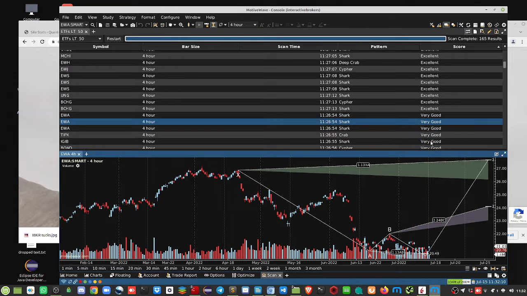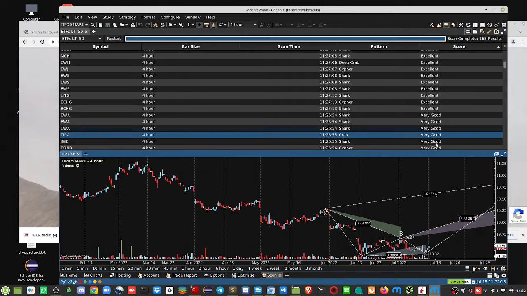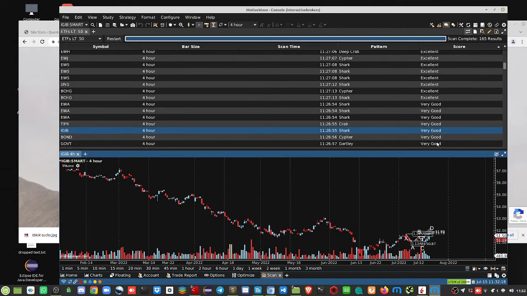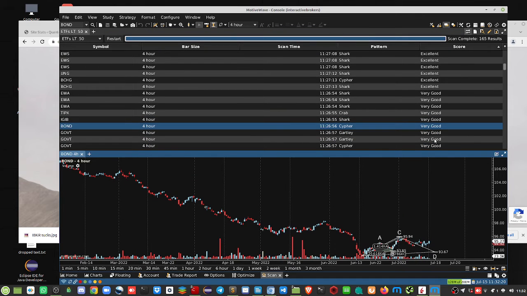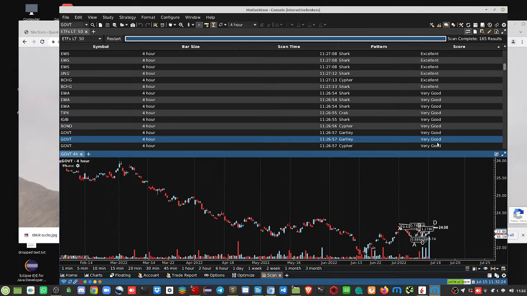Now this is again from a global view among all these different commodity ETFs. There's ETFs broken down by country. Bonds, you can see here, just getting killed.